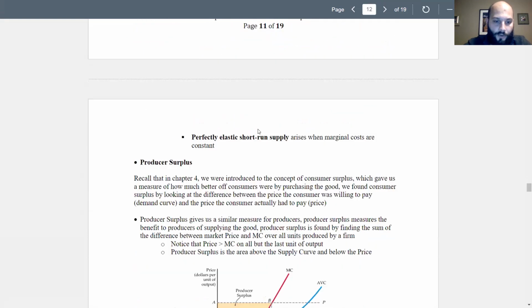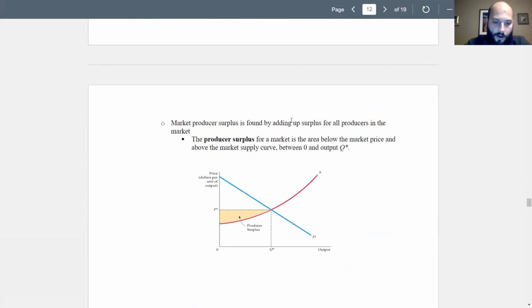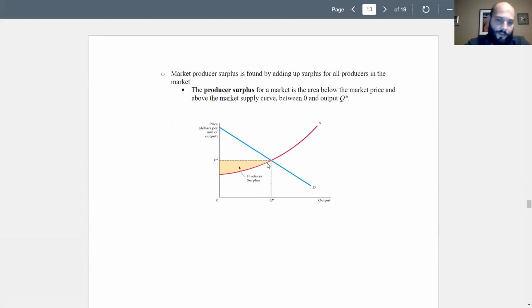And then we also have this idea of producer surplus. Right? If we use the entire marginal cost curve looking like this, our producer surplus is the area above marginal cost and below price. But for our cases, we're going to be using the triangle formula. Even though this is curved, we'll be calculating producer surplus using the area of a triangle, and that's going to be really similar to consumer surplus, right?